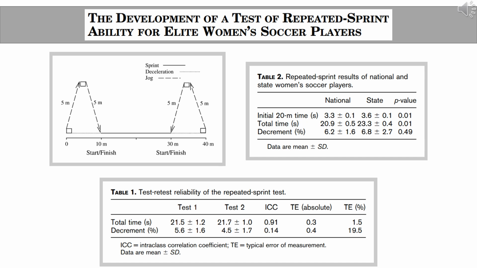So this would be very similar to the coefficient of variation. We can see that total time shows excellent reliability, but actually the percentage decrement does not. So we should probably be a little bit mindful about using percentage decrements as a metric, given that A, it's not very reliable, and it's also not able to discriminate between playing levels.